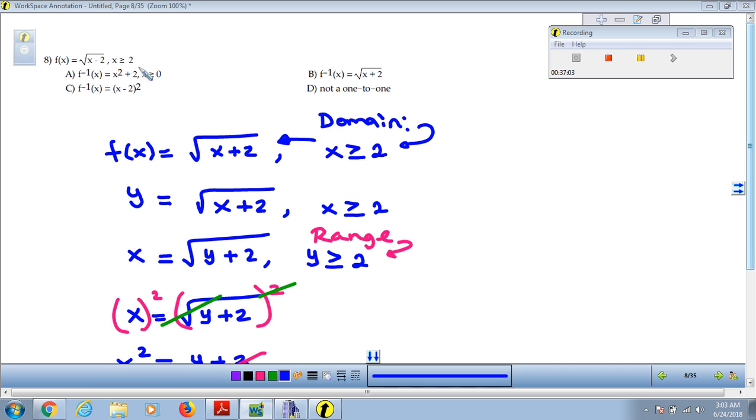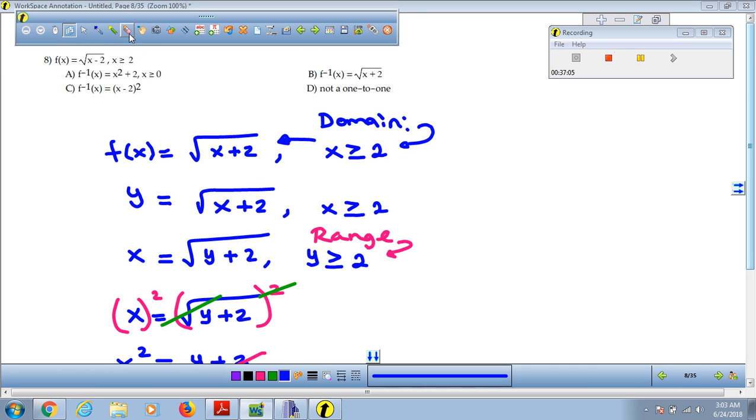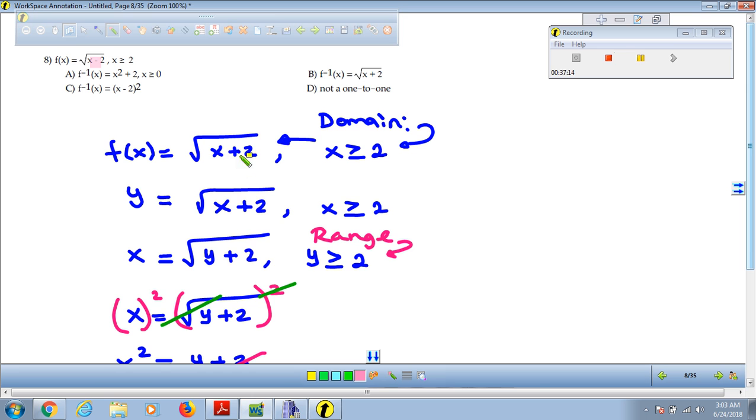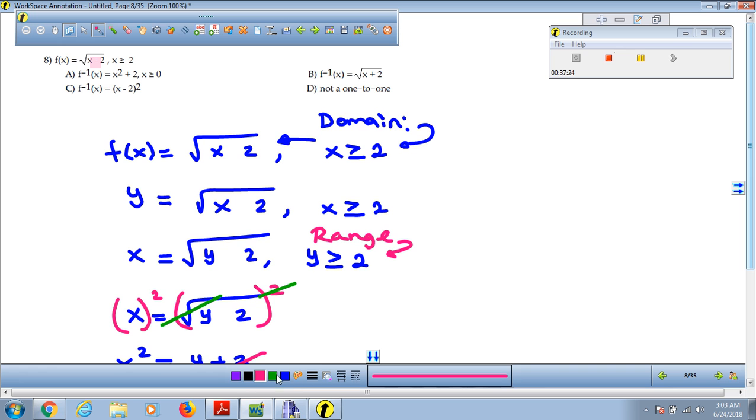Oh, I see what I did wrong. I'm going to highlight this for you. This one had a minus, and I put in here a plus. So this should have been a minus all this time. Minus, minus, minus, minus.